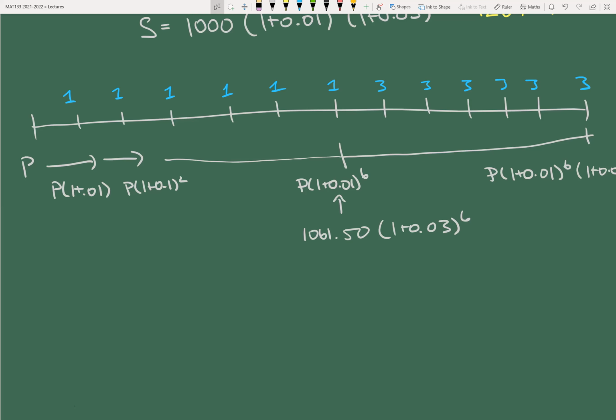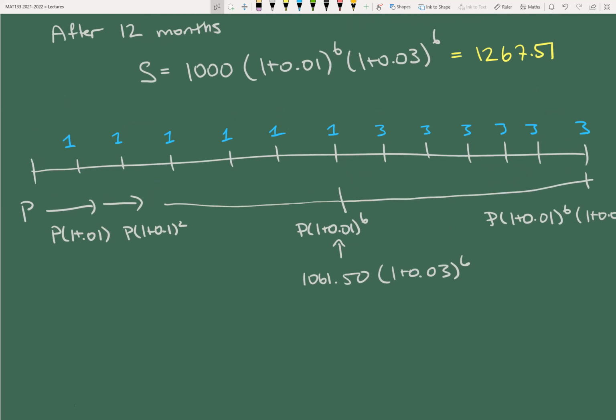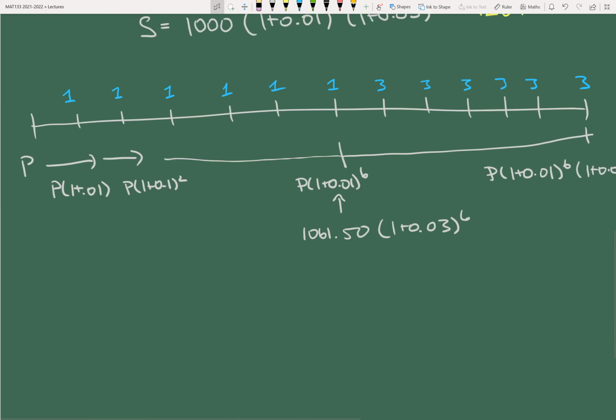You'll see it's a much bigger number than the 1267.51 we got. So that number is too big. You can't do this averaging of compounding interest, because you're taking interest on interest. There isn't a really good way of averaging what the interest rate should be. And even if you were to do that, you wouldn't want to add the interest rates to each other. You'd want to somehow average them. Hopefully that makes sense.